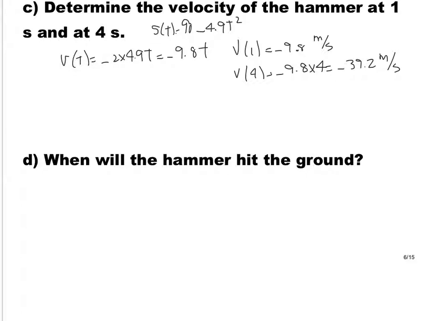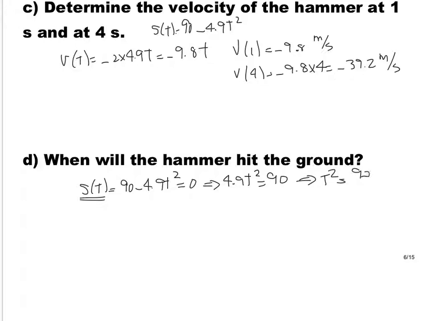The next part of the question says, when will the hammer hit the ground? We know that s of t is equal to 90 minus 4.9 t squared. When it hits the ground, s of t, the distance, is 0. So from here I get 4.9 t squared is equal to 90, or t squared is 90 over 4.9.